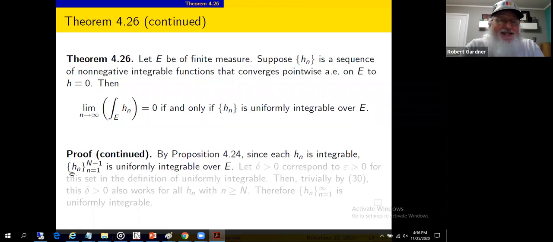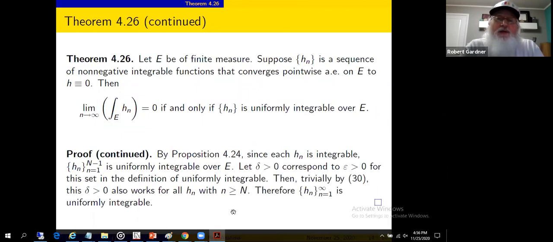And we've got the others having integrals less than epsilon using the uniform integrability that comes out of proposition 4.24, because this is just a finite collection. So welcome to analysis. We trap the infinite amount on the sides, as we did with some of the other stuff. And then the finite part that was left over, we dealt with in this case with proposition 4.24.